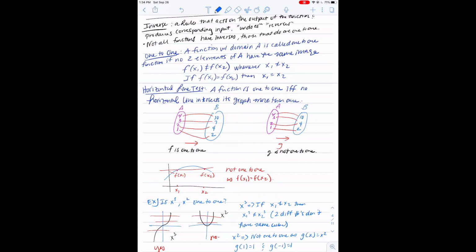But if my y values are equal, then they should be mapped from the same x value.